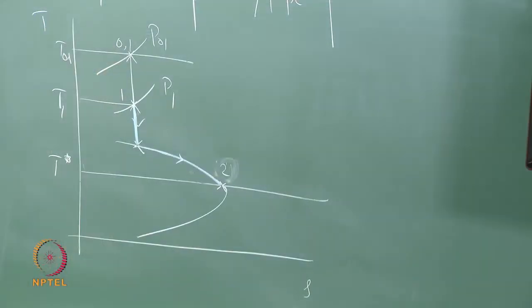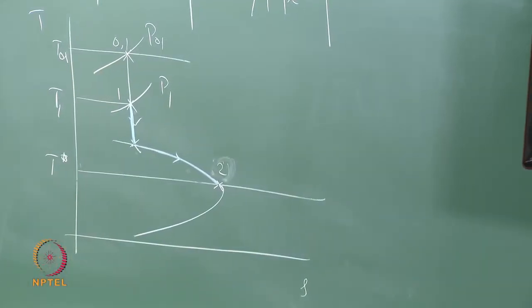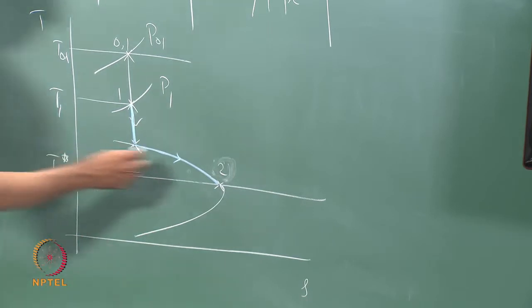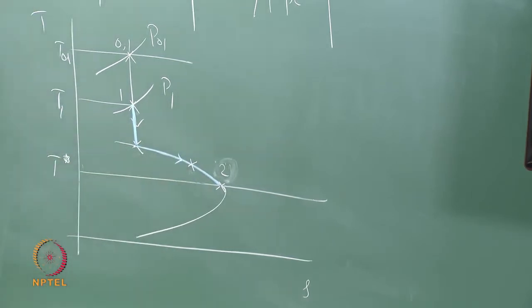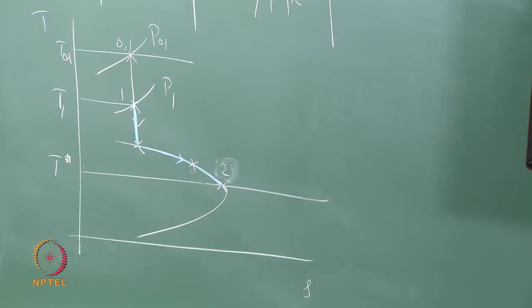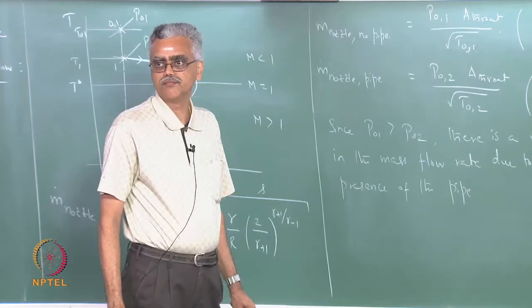So, you can have Mach number at state 2 to be 1 or maybe even something less than that, depending upon the back pressure conditions and the length of the pipe, friction factor and so on.